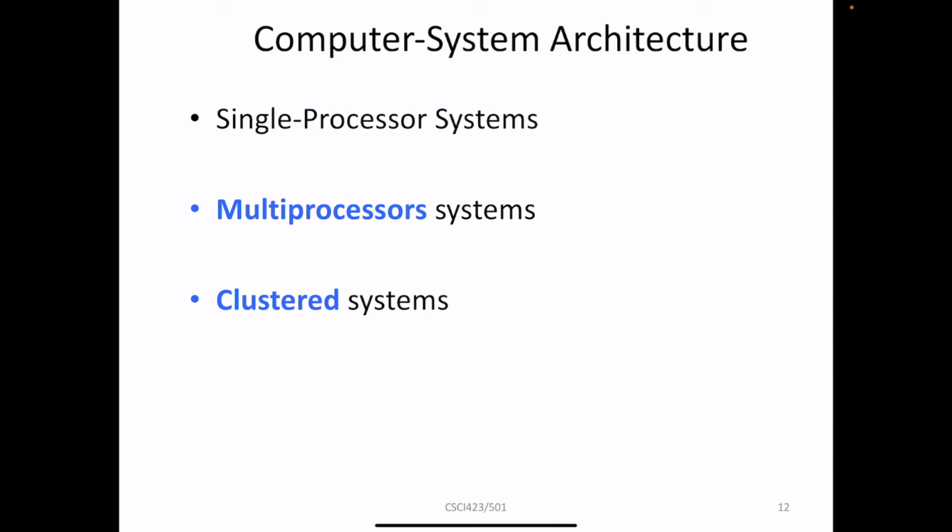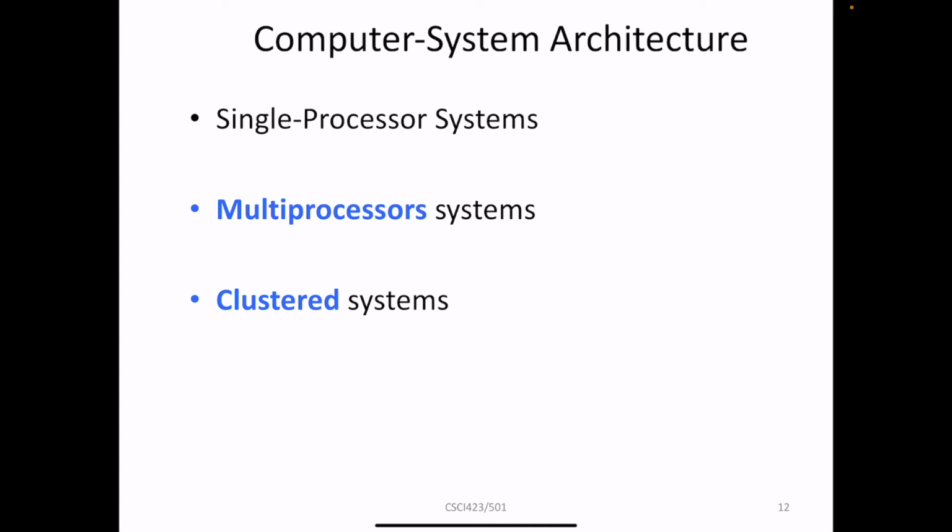For example, if one computer in the clustered system fails, we still have other computers that can take over the responsibility of that failed computer. And since the failed computer is a complete unit, we can just replace it with a new computer. Then the performance of the clustered system is recovered as before, which is even better than a multi-processor system. However, the disadvantage of a clustered system is the high cost.